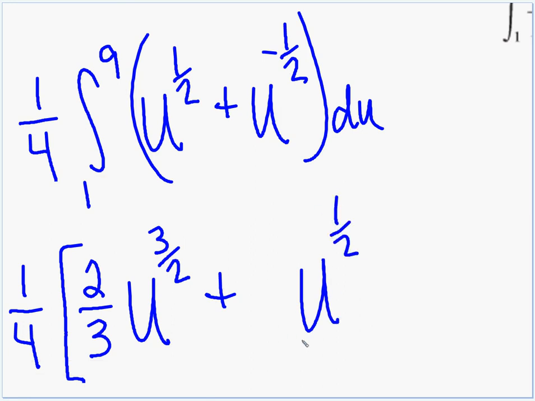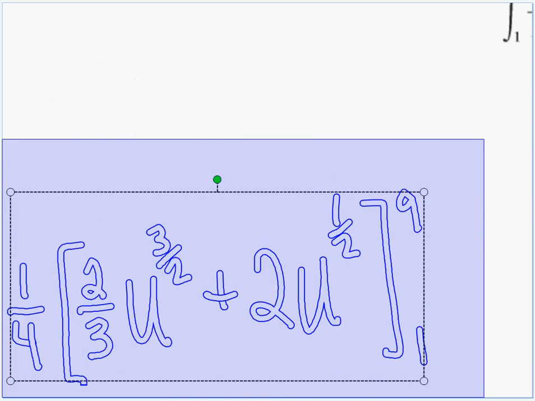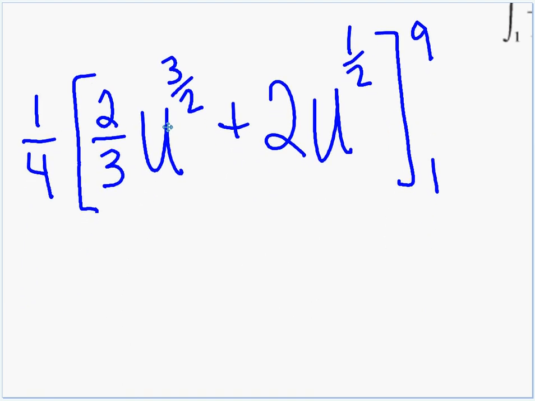Again, no plus c is required because we are doing a definite integral, and then my limits are 1 to 9. Okay, now to actually evaluate this, I'm going to take out the exponents, the 3/2 and the 1/2, and let's put those back into radical form, because it's easier to see what we're doing when we plug in numbers.